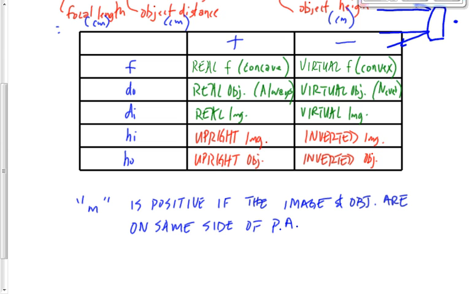So Josiah said a few minutes ago, look, the magnification is going to be negative when the image is upside down. You know what? 99 times out of 100, that is absolutely correct. Because 99 times out of 100, the object is right side up. But if the object was also upside down, then that wouldn't give me a negative magnification, right? If the object and the image were upside down, that would give me a positive magnification. Make sense?